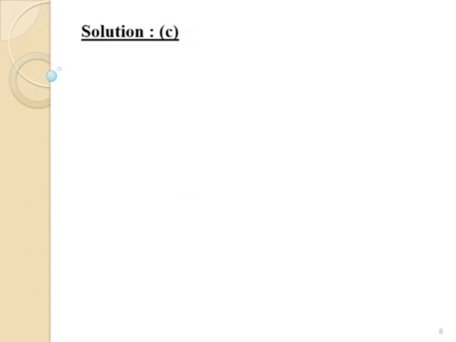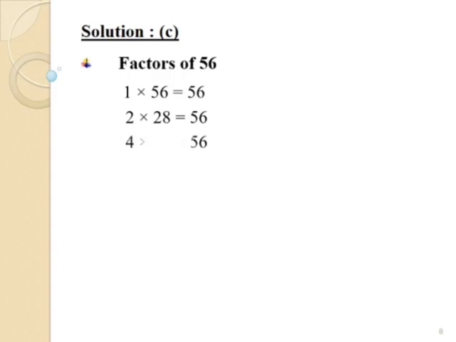Now, sum C. Factors of 56. 1 fifty-six is 56. So, 1 and 56 are the factors of 56. 2 twenty-eights are 56. So, 2 and 28 are the factors of 56. 4 fourteens are 56.